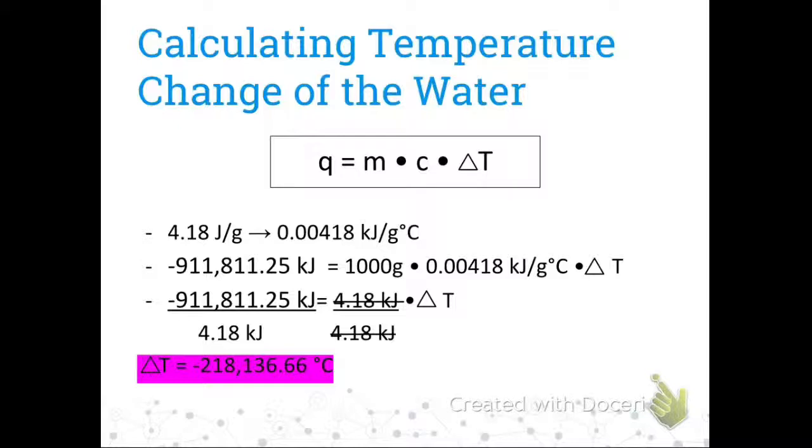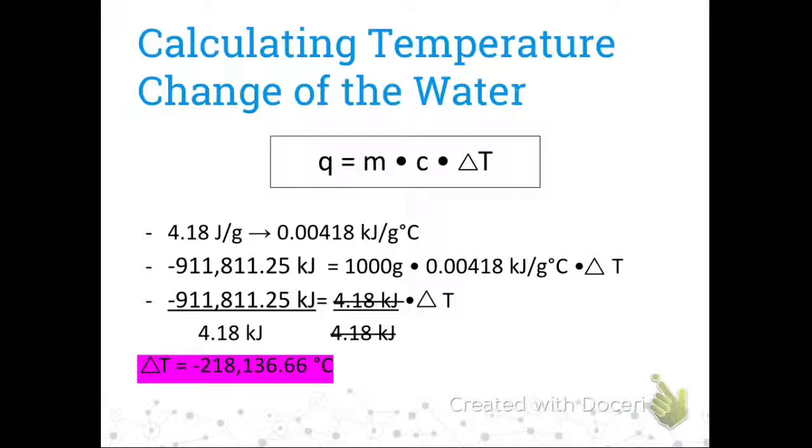However, we must make the number a negative because we are focusing on the temperature change of the water. If the reaction is absorbing energy from the water, then the temperature of the water is decreasing. Thus, we must add a negative sign in front of the number in order to show that the temperature of the water is decreasing. Then, we know that the mass of the water, which is 1,000 grams, replaces M.